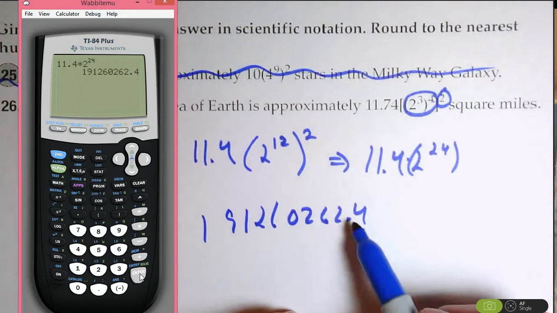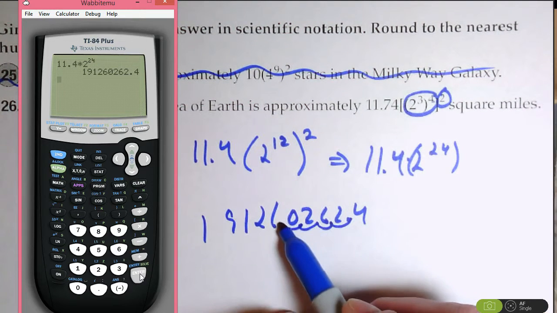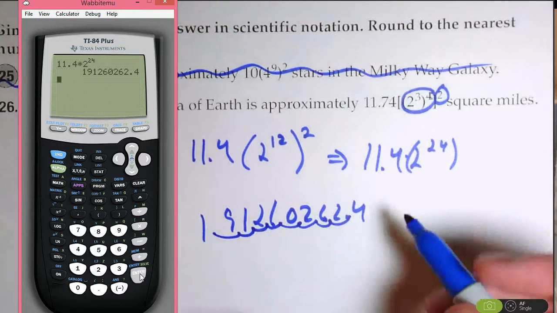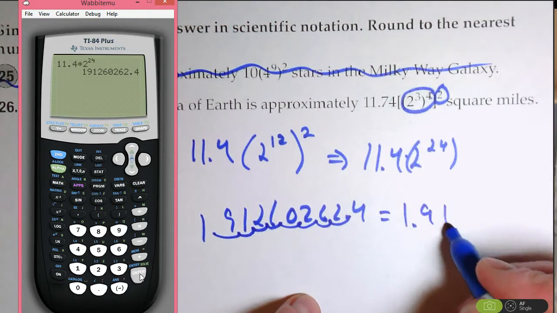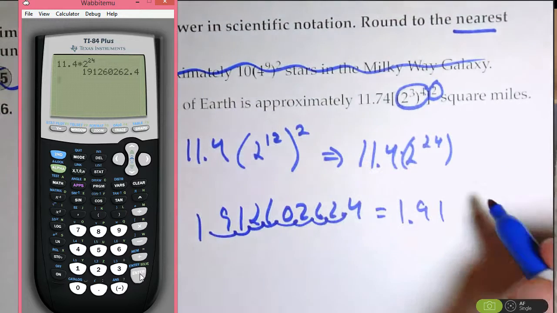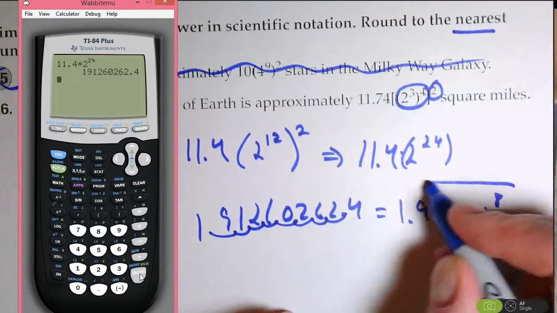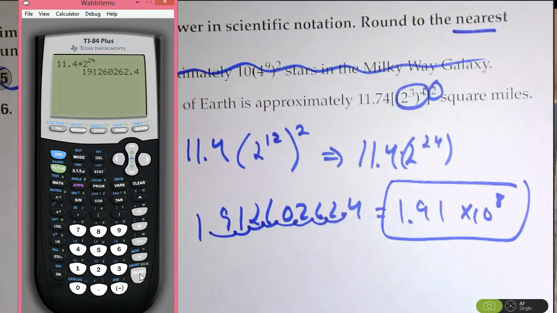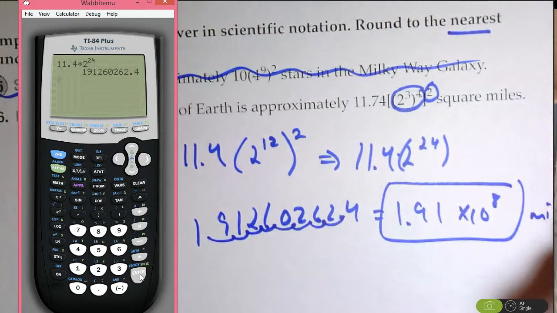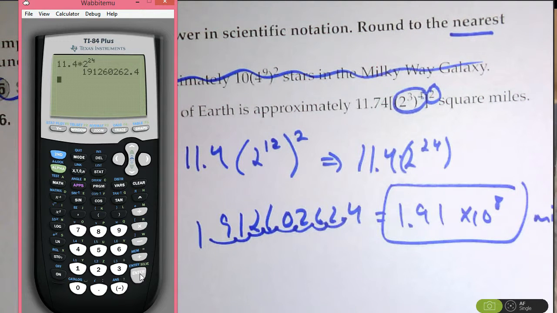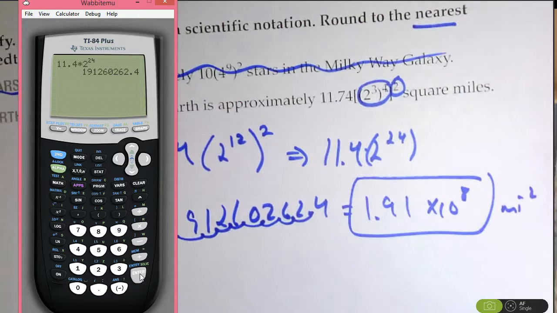So in scientific notation, I go 1, 2, 3, 4, 5, 6, 7, 8. So it's 1.91 because it's the nearest hundredth times 10 to the 8th, and then miles squared. So that's a huge number.